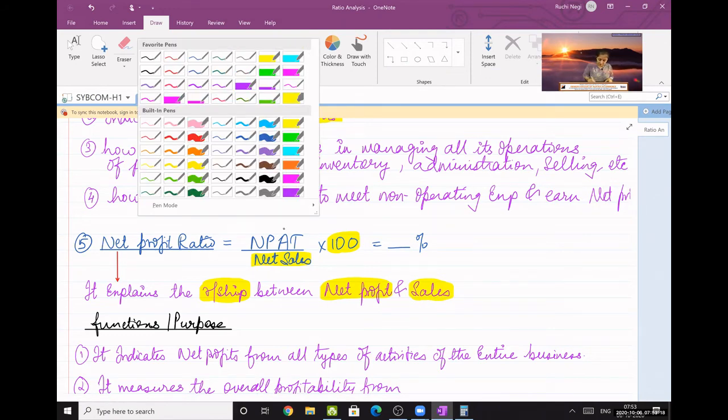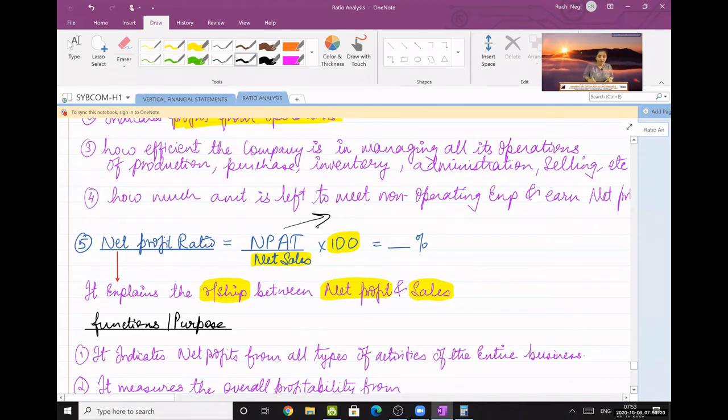Many textbooks take this numerator as net profit before tax. If you are referring to any reference books, then they will not write NPBT, they will write NPAT. That is what even I am following.